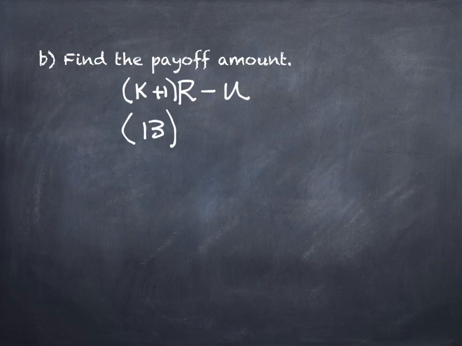R is 24.22 minus U, which we just found to be 24. So it's 13 times 24.22, minus the 24.